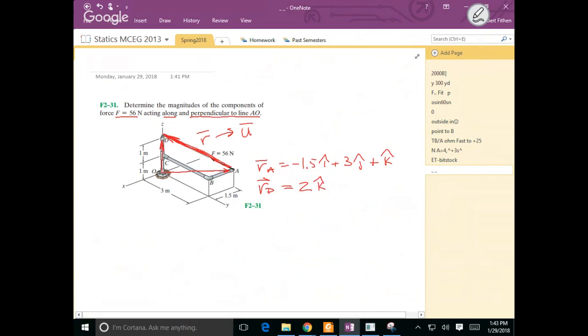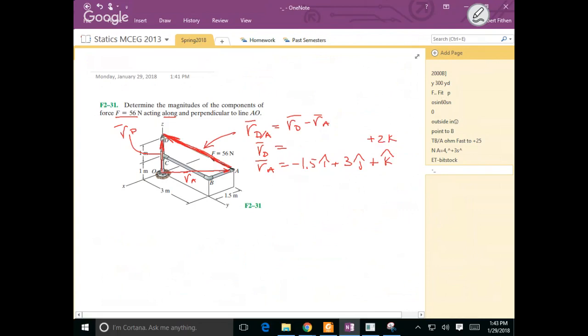So this vector, if this is RA and this is RD, is a vector that points to D originating from A. It's RD minus RA. You know what? I should have done it this way. RD is equal to 2k.